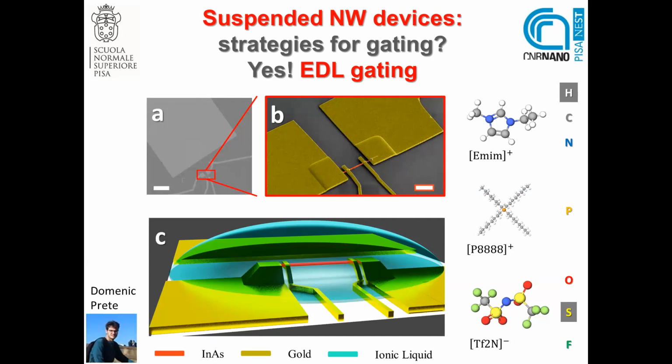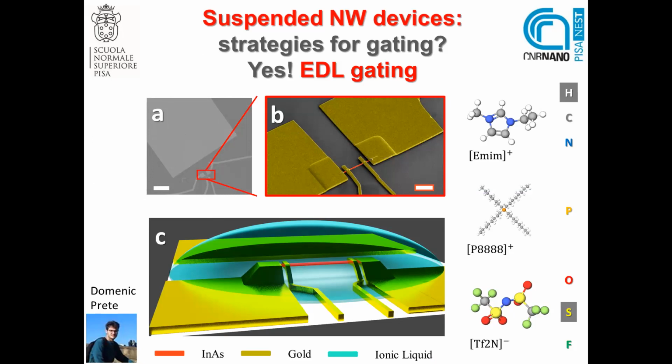The idea here is the following. Basically, you start with your suspended nanowire device that you fabricate using standard EBL and lithography techniques, but then you also equip your device with a large counter electrode which allows to polarize a droplet of electrolyte which is embedding your device.